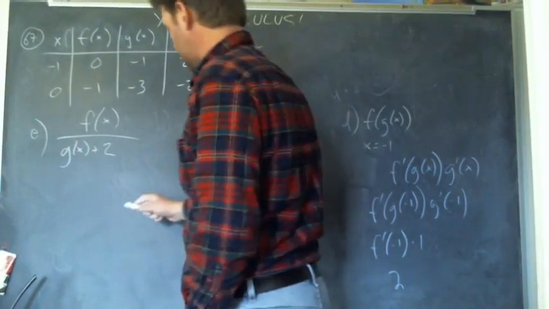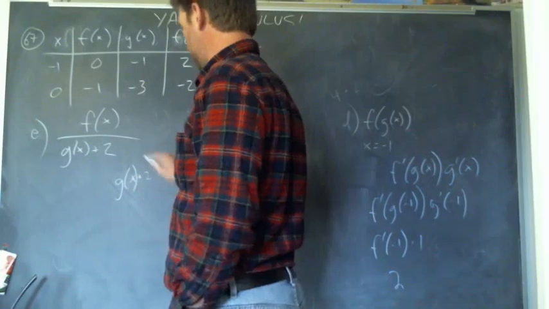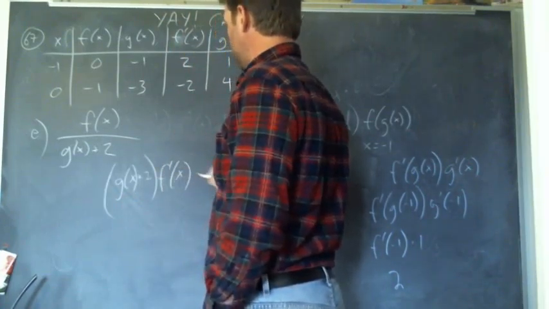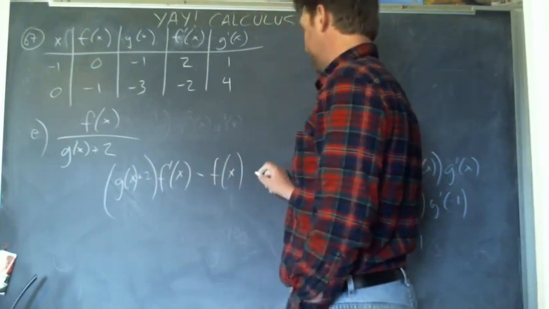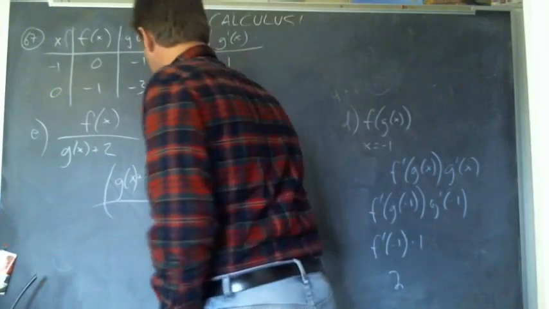Quotient rule: the bottom times the derivative of the top, minus the top times the derivative of the bottom, all over bottom squared.